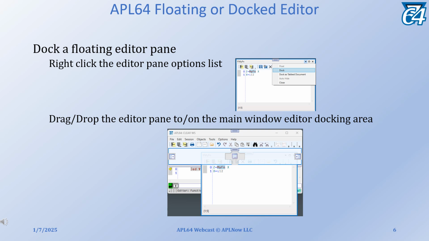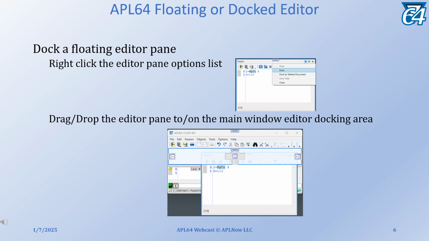To dock a floating editor pane, right-mouse click the Editor pane's option list in the upper right corner of the pane and select the Dock option. Alternatively, a floating editor pane may be docked by dragging and dropping it to the editors area of the main window of the APL64 developer version.